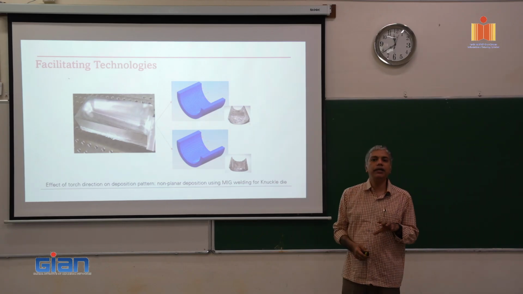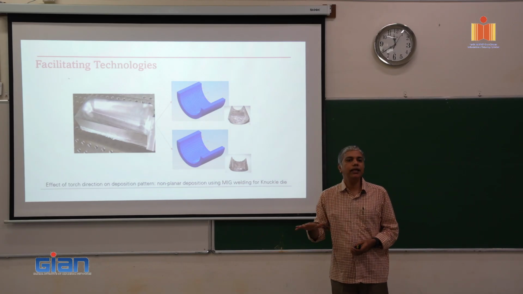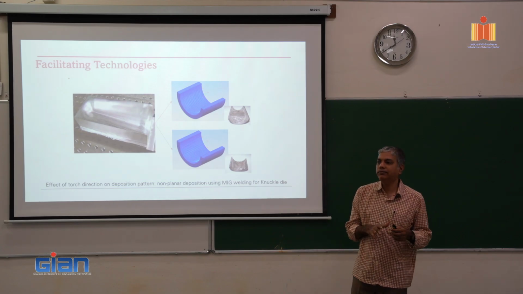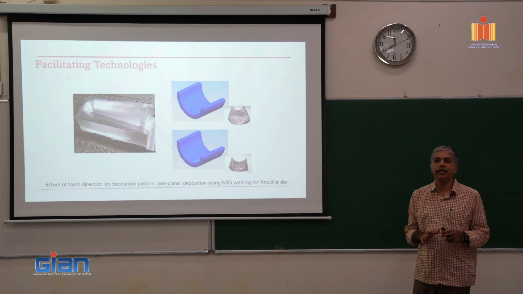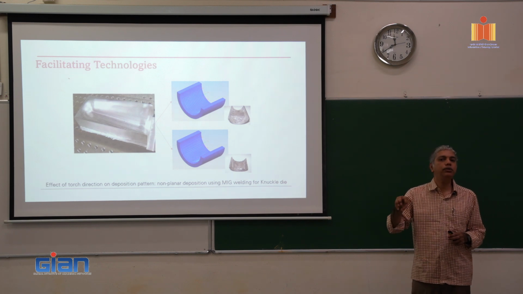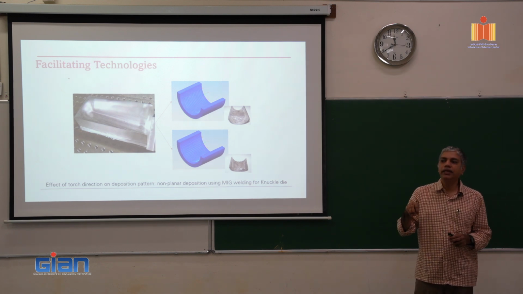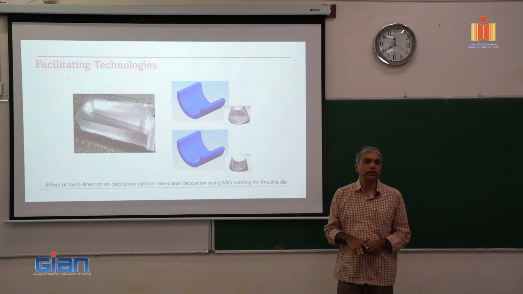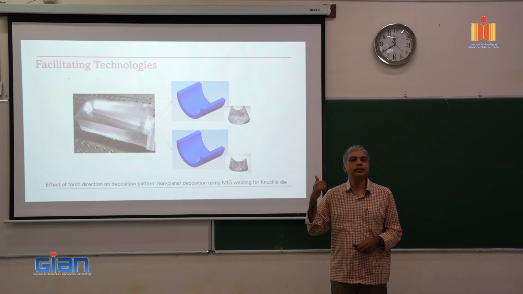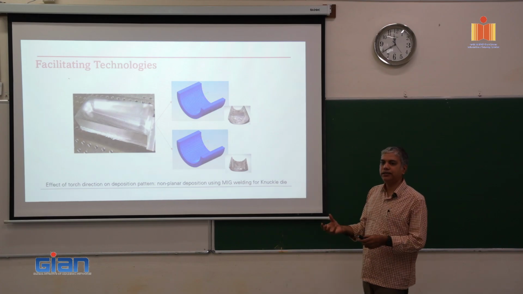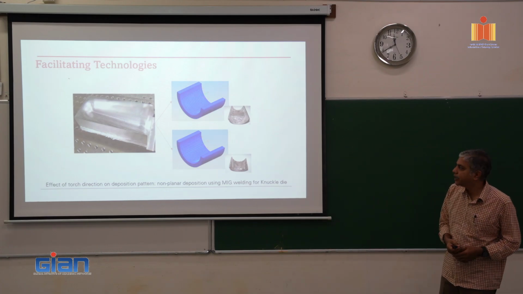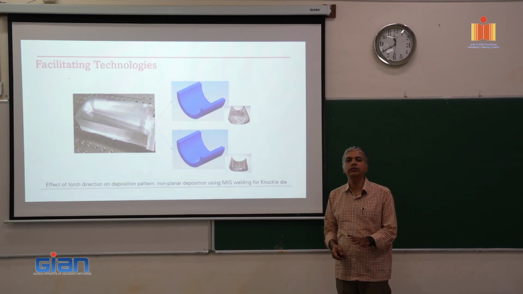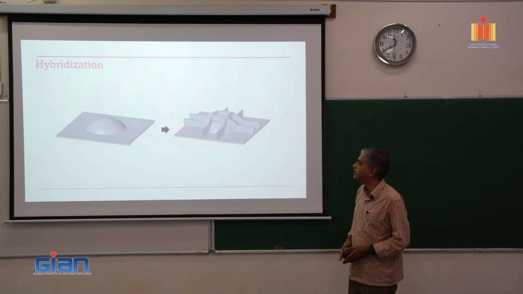So the major point here is layered manufacturing on flat surfaces is fairly established and well understood. But the moment you want to do layered manufacturing on curved surfaces, deposition on non-planar surfaces, then the challenges are a lot more. Okay, this is some work which we are also engaged in doing. By doing so you can increase the efficiency of the process.